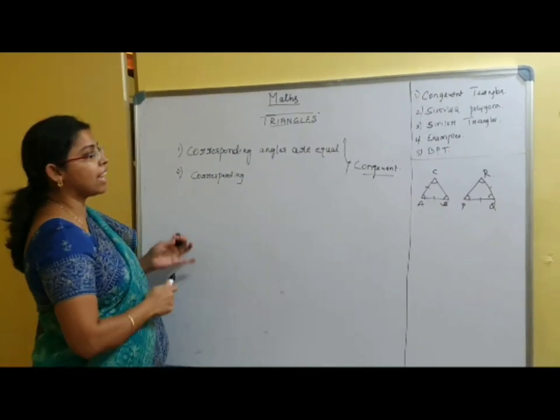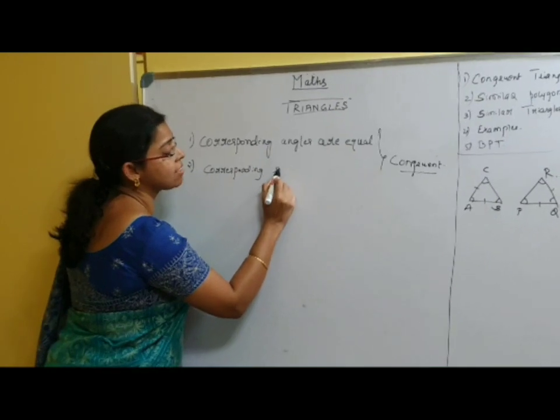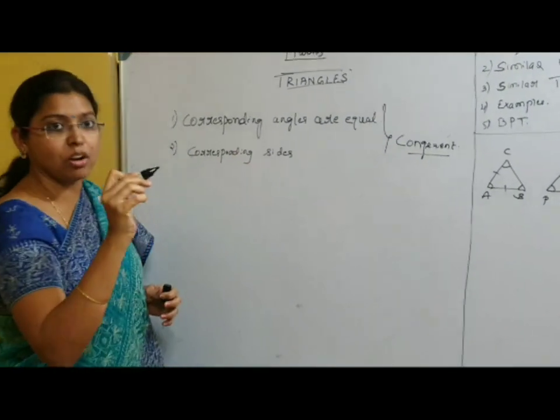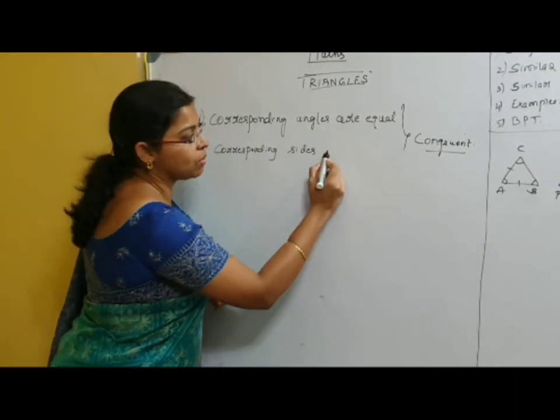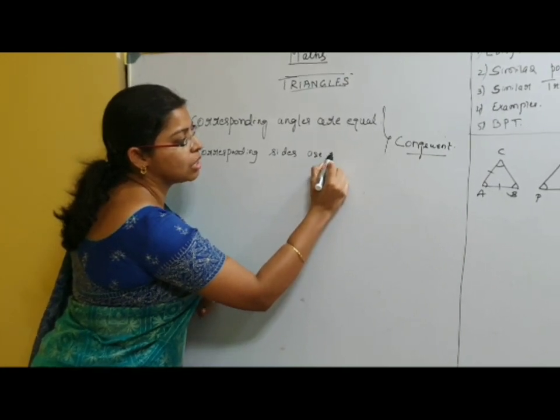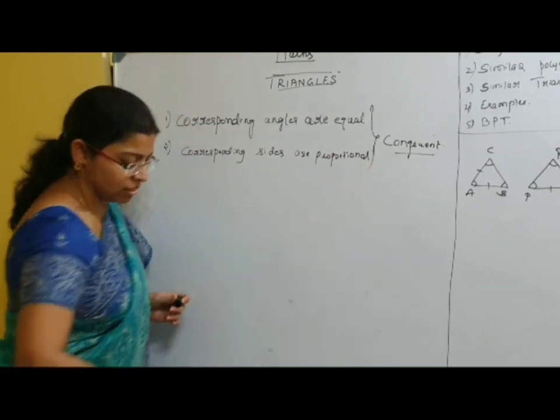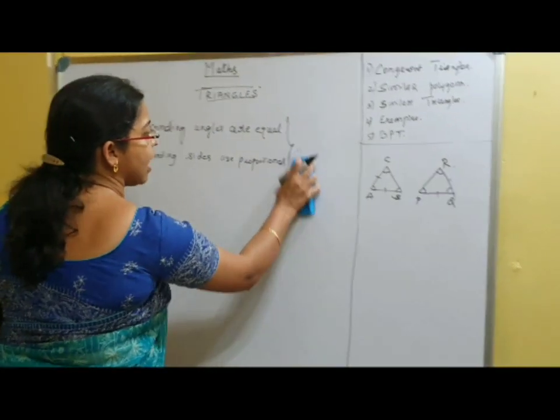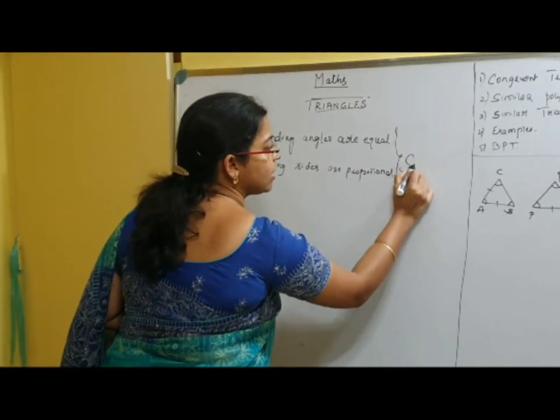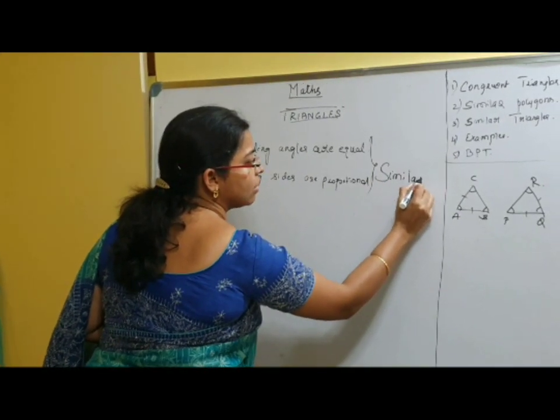If the corresponding angles are equal but the corresponding sides need not be equal, they are unequal but they are proportional, then we call such polygons not congruent but similar.